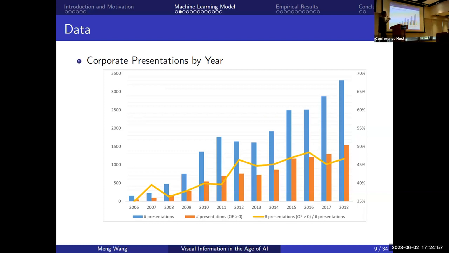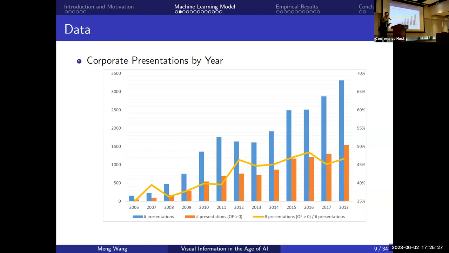The blue bar represents the number of all kinds of presentations for the year in our sample, and the orange bar is for the presentations with operations forward information. I'm going to talk about how we define that later. And then the yellow line represents the ratio of presentations with operations forward innovation to all kinds of presentations.